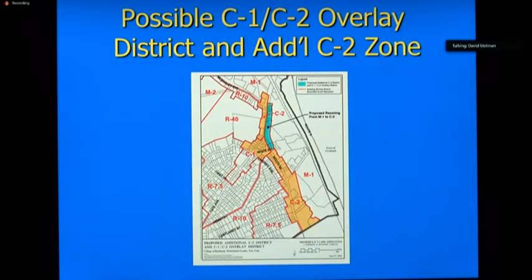Later on, we talked about adding a strip of land on the easterly side, in blue there, from White Street to Bleakley, which is now zoned M1, changing that to C2 possibly, and making that part of the overlay district as well.